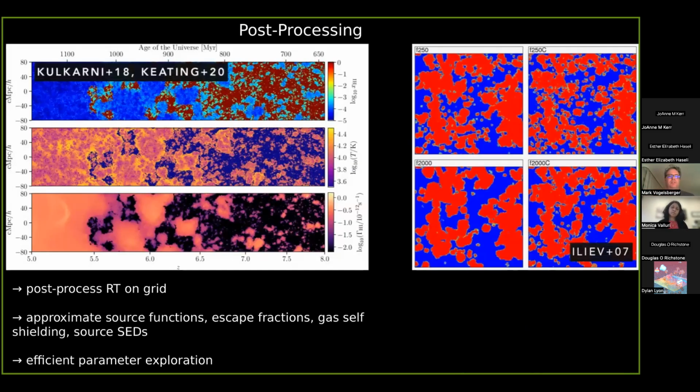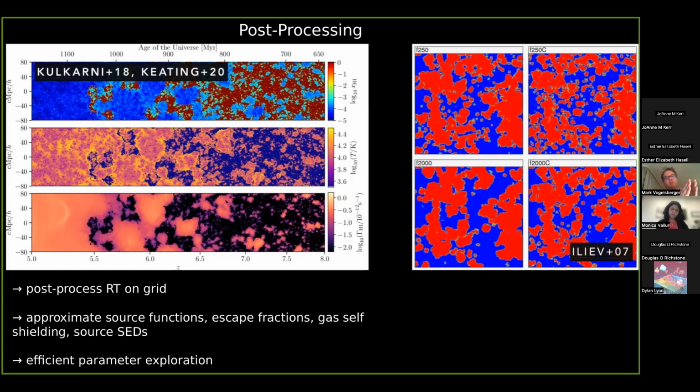Now, radiative transfer can be done in different ways. I showed you Illustris TNG and all these other simulations in this overview slide, and none of them included radiative transfer. There's a good reason for that, because it's generally very expensive to do radiative transfer.